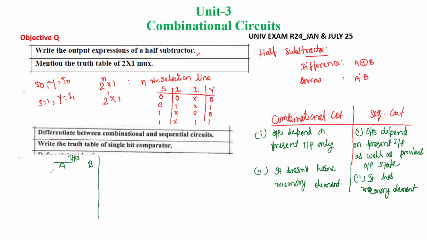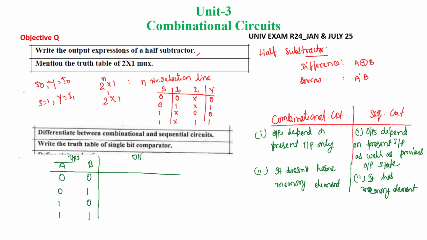With single bits, how many combinations are possible? Two bits give 2 to the power 2, which is 4: 00, 01, 10, 11. A is a separate number, B is a separate number.